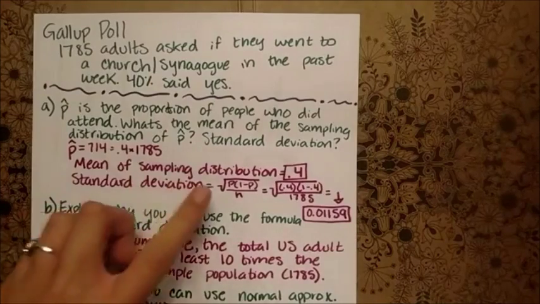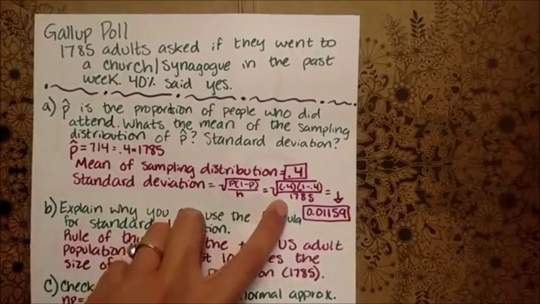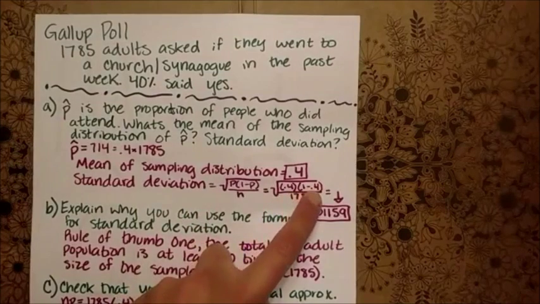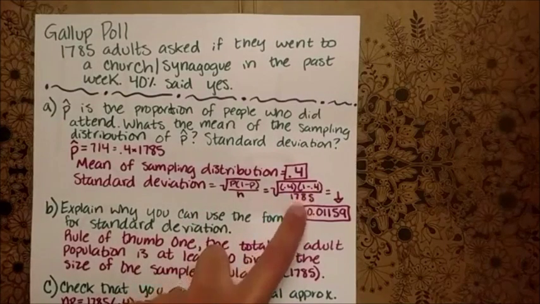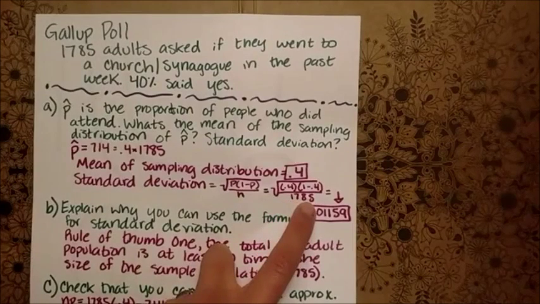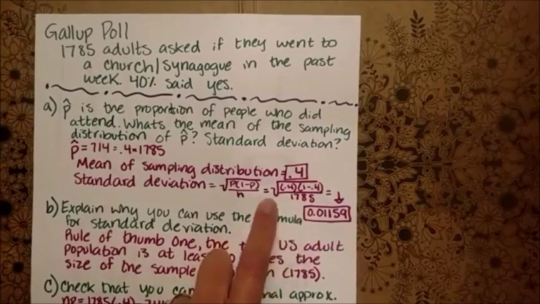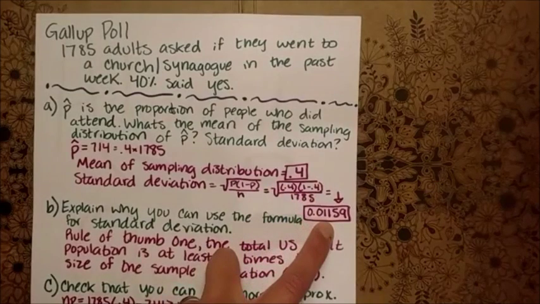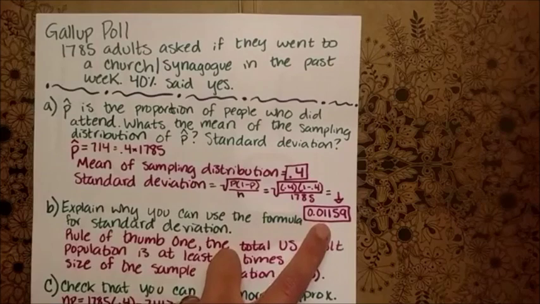This is our normal formula, and this is where I plugged everything in. I did our p, and then I did 1 minus p, which would be 0.6. And then I divided by the n, which is all the adults that were asked, or the sample, and then I square rooted all of that to get 0.01159, which I later round to 0.0116.